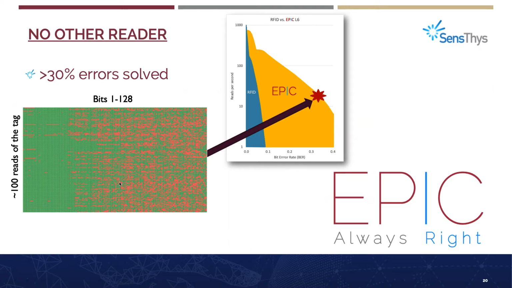Each trace to the right is a read. Red means that the data in that bit is wrong on that read. So that's what this transmission looks like. It's full of errors. None of those reads actually came through successfully to the reader. That's the kind of read environment that Epic could see and give you the right data. And remember, that red is all wrong.